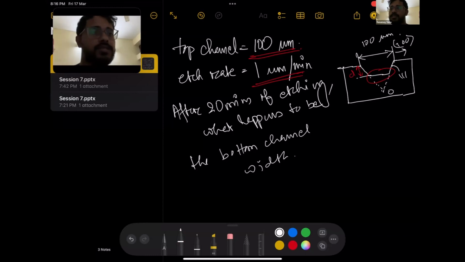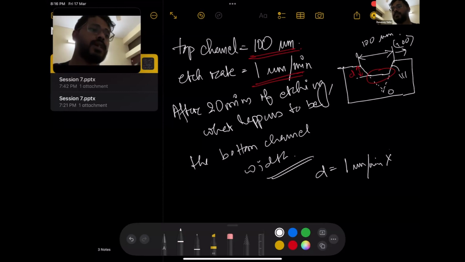Distance is speed times time: 1 micron per minute times 20 minutes. So this becomes 20 microns.